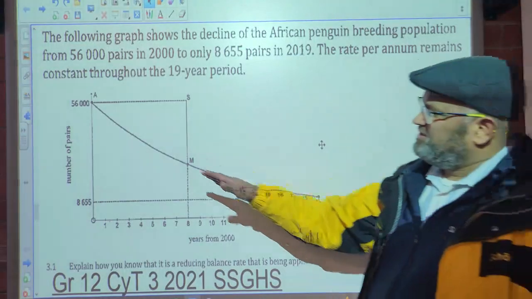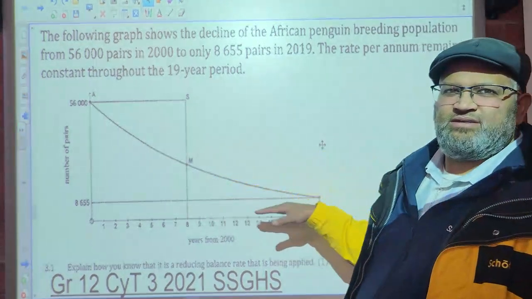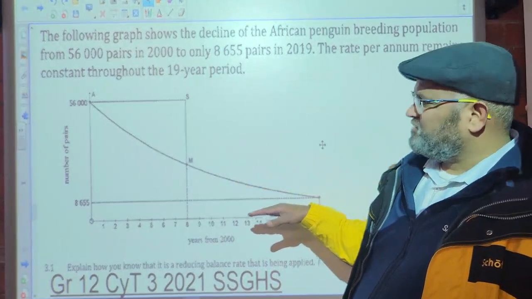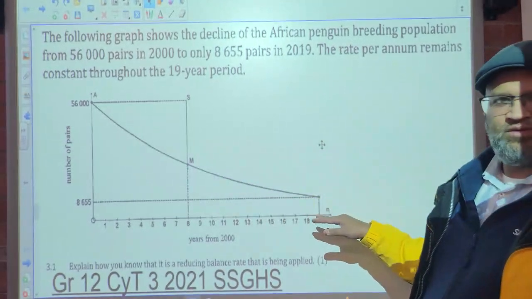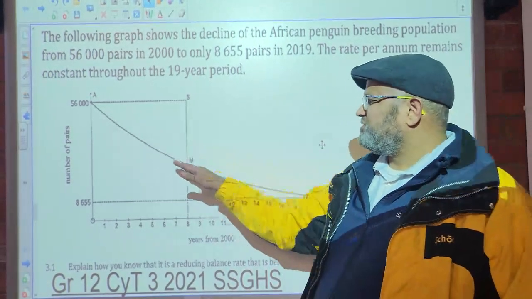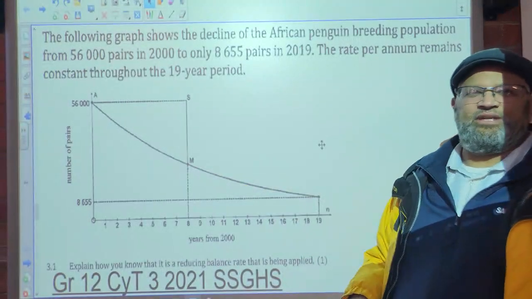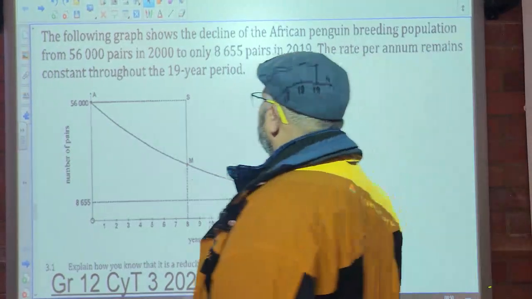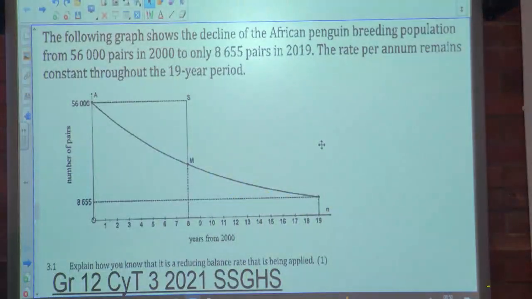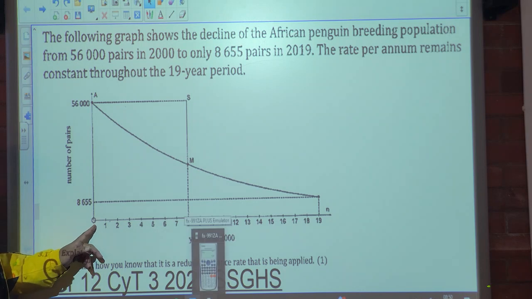As you can see here, it is exponential decay. Not linear, it's not a straight line. So since it's exponential, it will be diminishing balance or reducing balance. As you can see here, they took the reading from 2000. So year 0 here is going to be 2000.